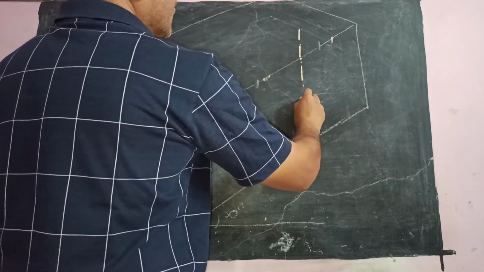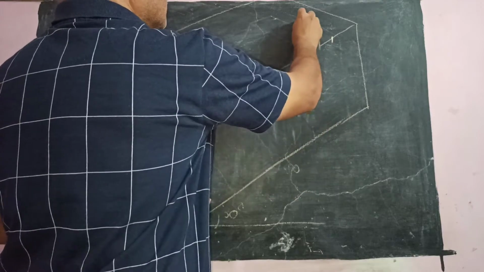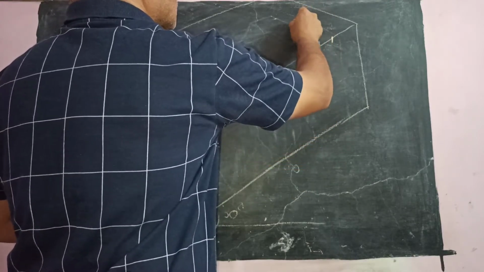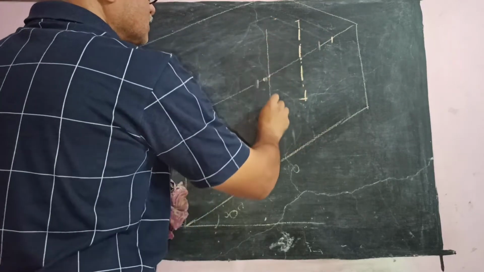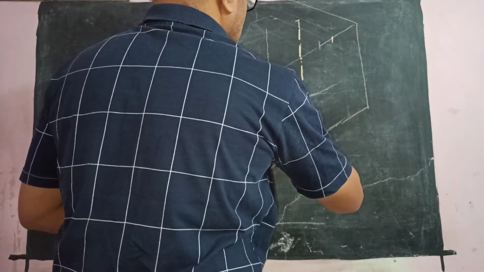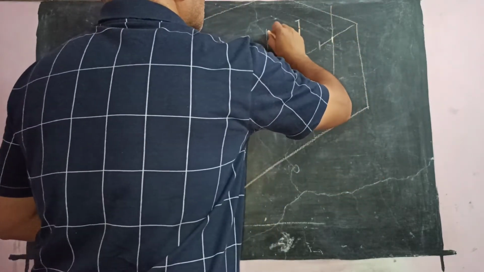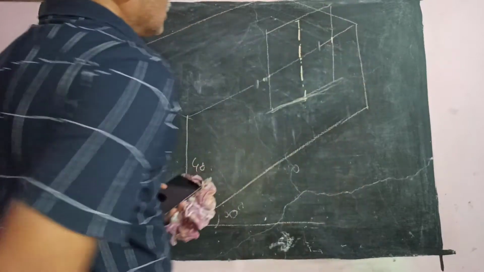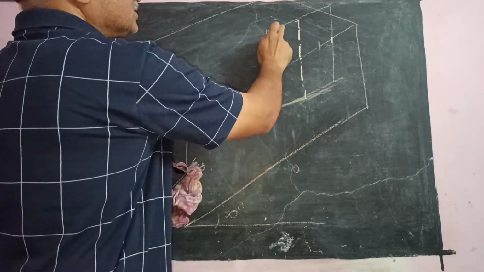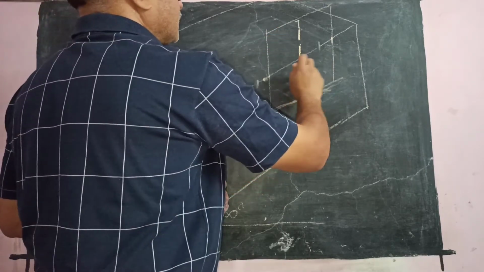Then 20 here, the same, and 20 here also. So draw this rhombus of 20 by 20. This line must be parallel to this, and these three lines must be parallel to this.